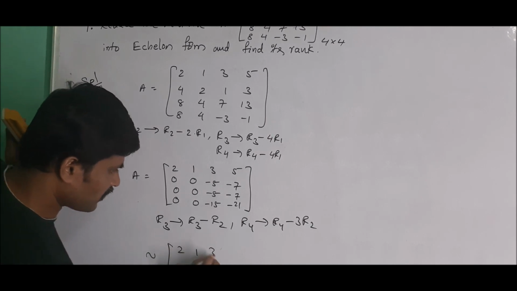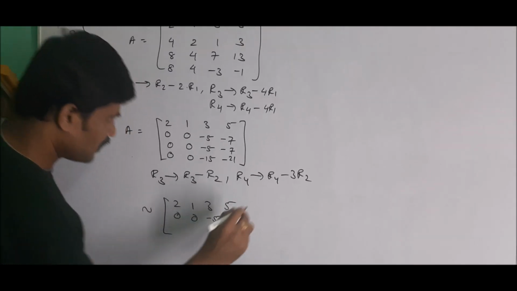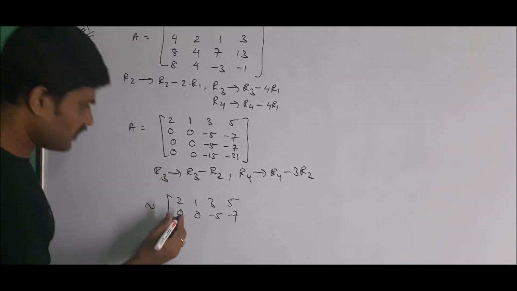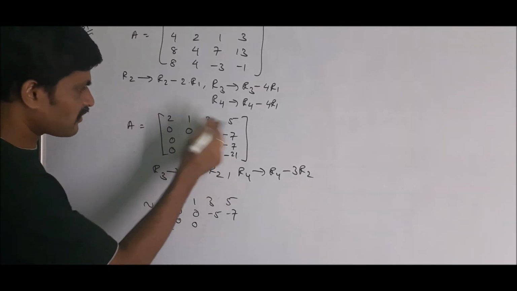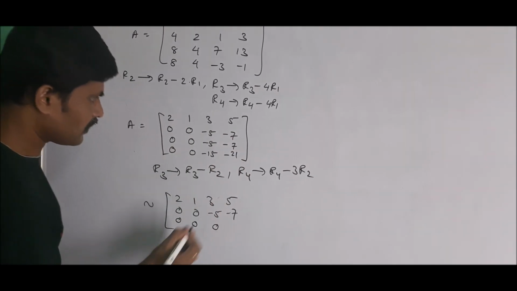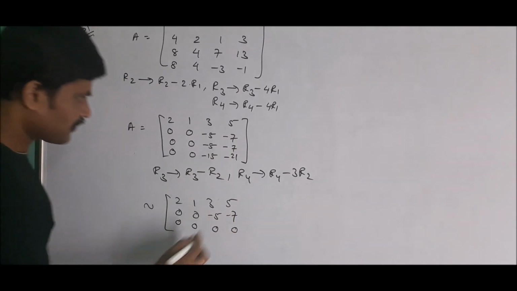first two rows do not change. Next, third row: 0 minus 0, 0; 0 minus 0, 0; minus 5 minus 1 into minus 5, plus 5, this is also 0; minus 7 minus 1 into minus 7, plus 7, this is also 0.